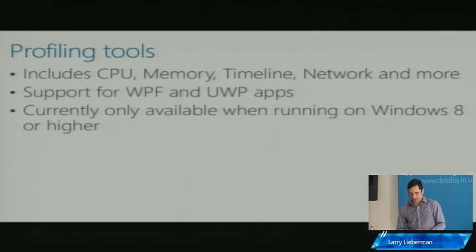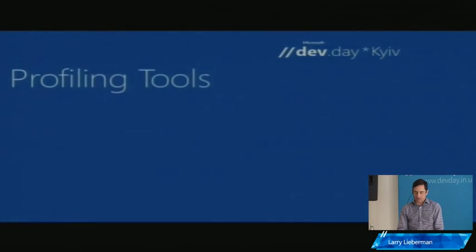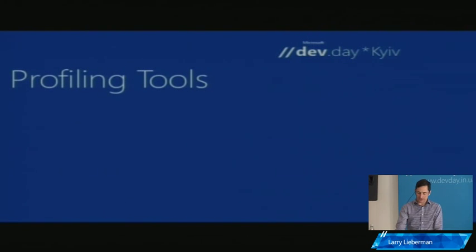So in 2015's version of Visual Studio, we've done work to improve CPU, memory, and timeline views in the profiler. This supports both WPF and UWP apps. But you do have to run Visual Studio on Windows 8 or higher in order to take advantage of this. So we're going to take a quick overview and go through a number of these features. Let's take a look.